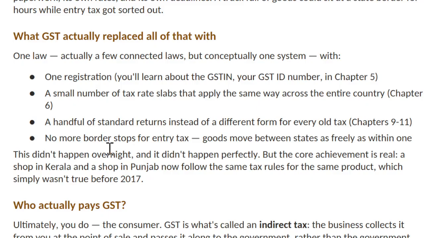A small number of tax rate slabs that apply the same way across the entire country, a handful of standard returns instead of a different form for every old tax, no more border stops for entry tax, goods move between the states freely as within.